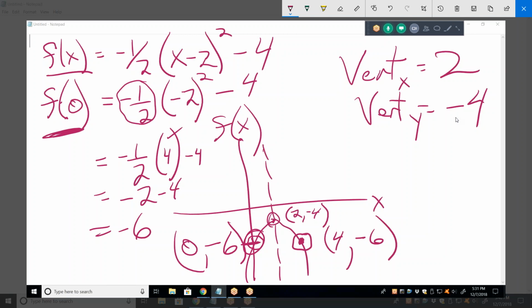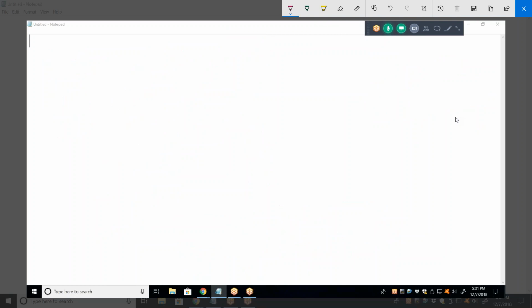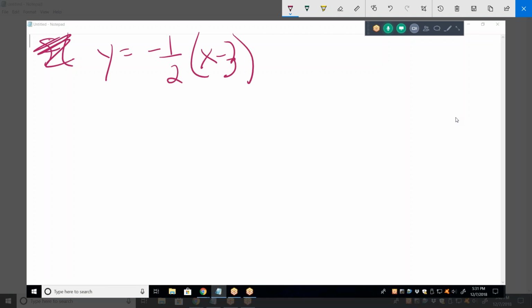All right, so for the next one, the equation is y equals -1/2, and then in parentheses x minus 3, in parentheses x minus 7, and it's just to graph the parabola. What kind of format is this? Factored. Which is which kind of format for a parabola?